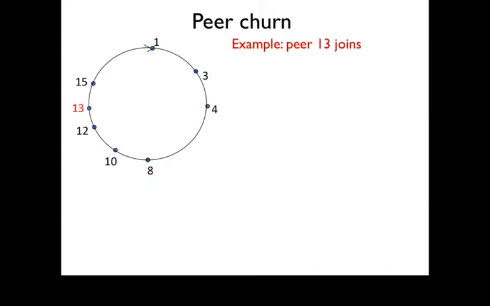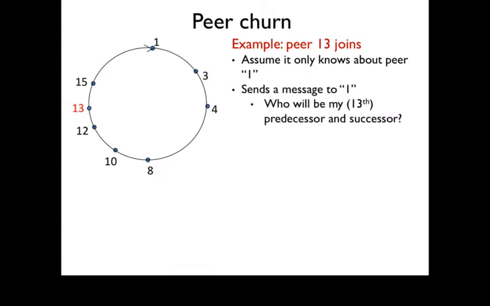So now let's see what happens if a new peer joins. In this case, 13 joins. Assume that it knows about peer 1. It has to know somebody, because otherwise it doesn't know whom to contact. So it sends a message to peer 1, and it wants to know who will be my successor and who will be my predecessor.